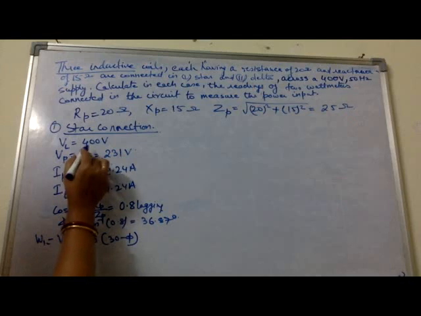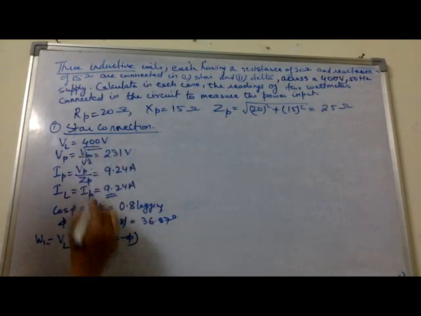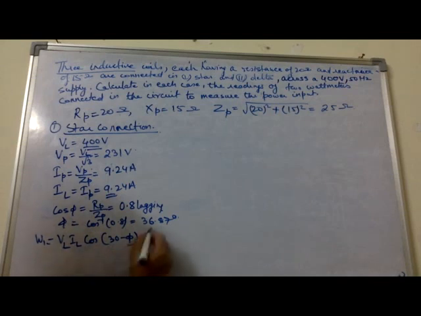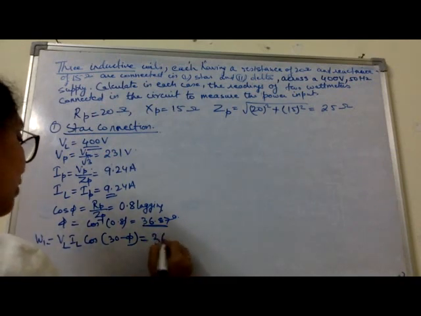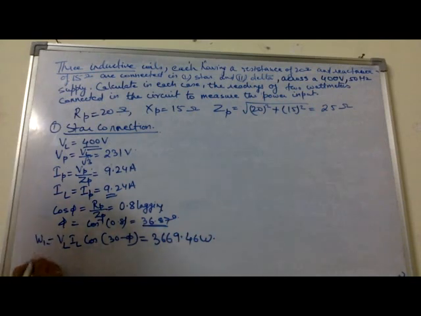Substitute VL equal to 400, IL is 9.24 and cos(30 minus 36.87). Substituting the values will give you W1 equal to 3669.46 watts.